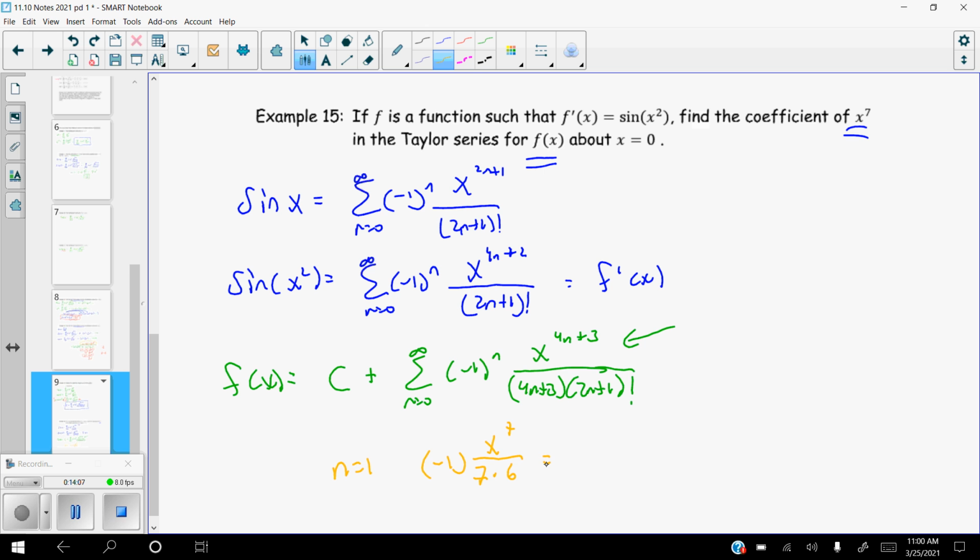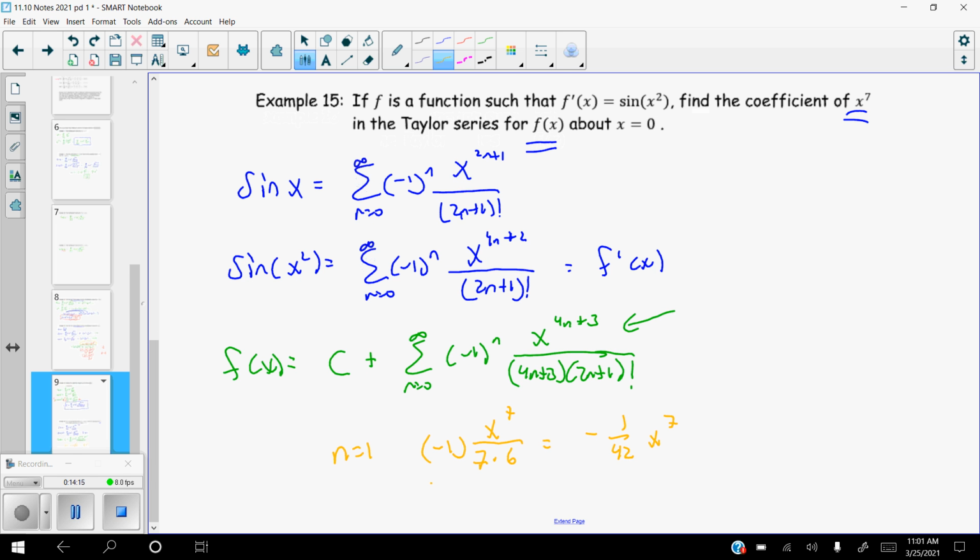So that's going to be the same thing as negative 1 over 42, x to the 7th. So the coefficient, we can say c sub 7, is going to be negative 1 over 42.